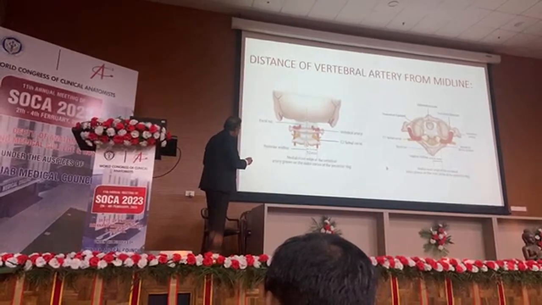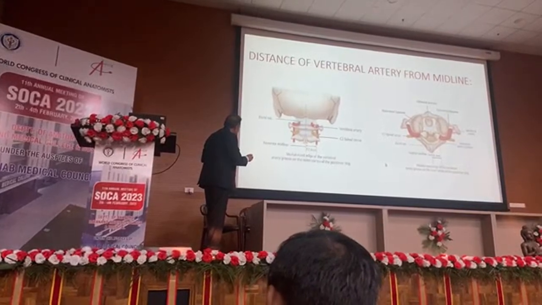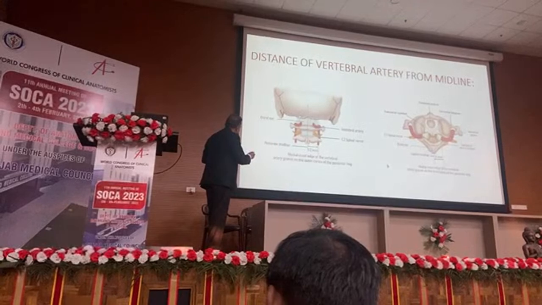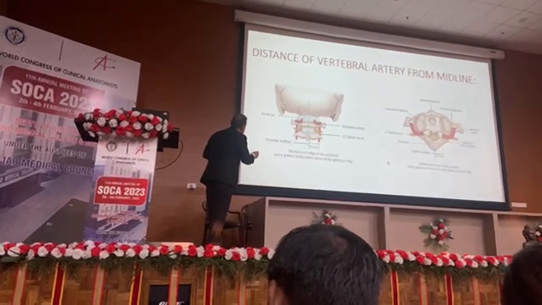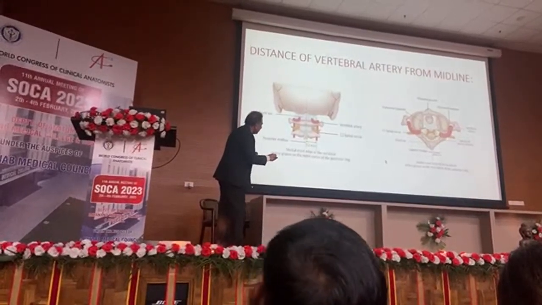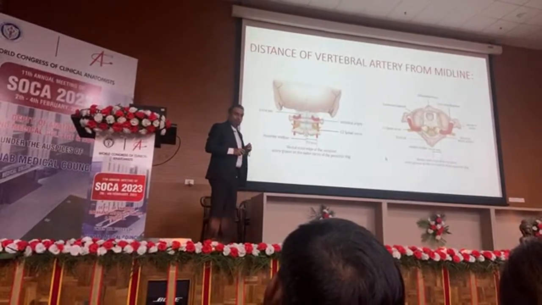And when it comes out from the C1 foramen transversarium and enters the area between the foramen magnum and C1 into the cranial cavity, this area's distance is approximately 8 millimeters.